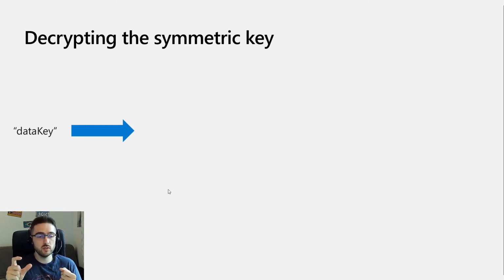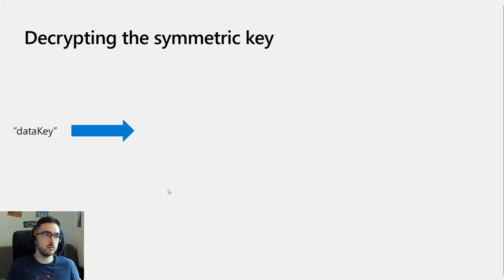What we do is we encrypt the payload with that data key, and then we encrypt that key with your public key, so that you're the only person or the only application able to decrypt all of that, using your certificate's private key, first to decrypt the data key, and then using that symmetric data key to decrypt the payload itself, right?